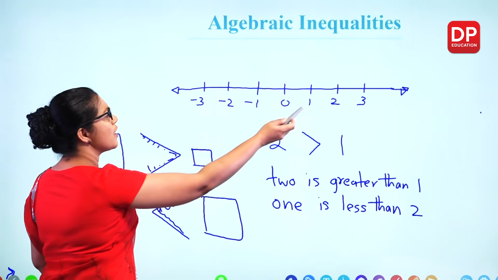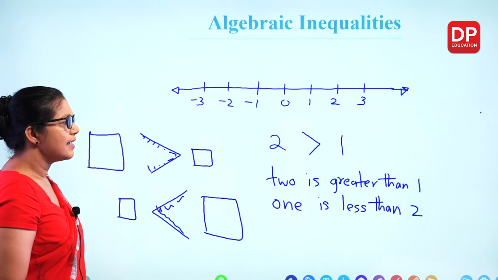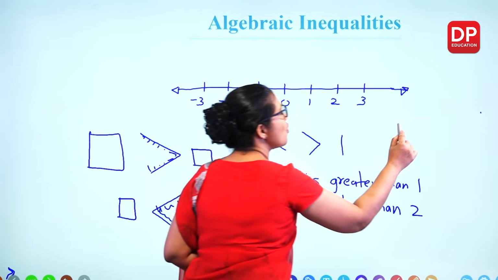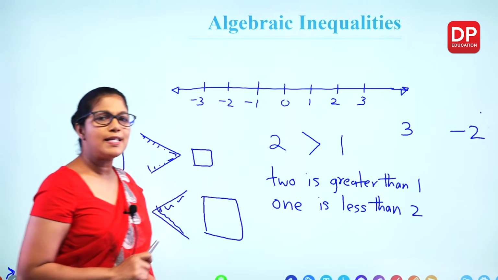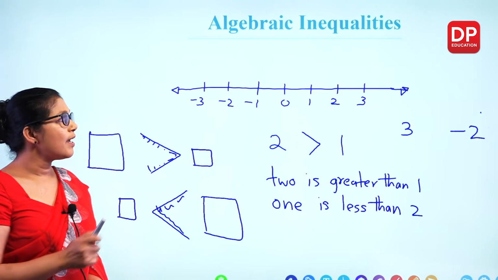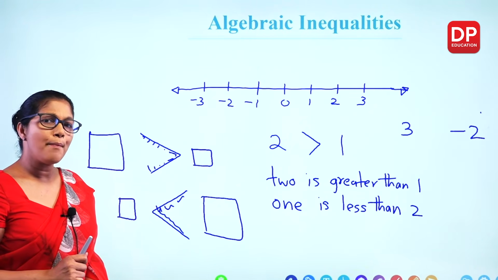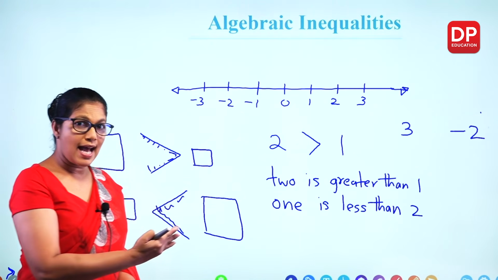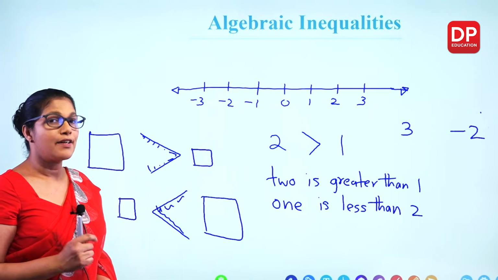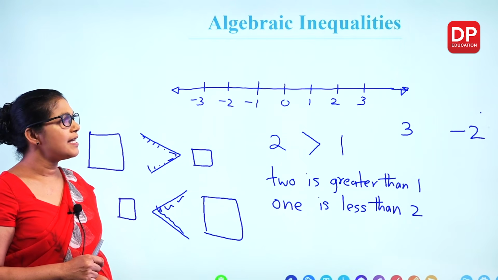So now we'll take another two numbers. I want to check 3 and minus 2. Which one is bigger? We know when you take any number on the number line, a number to the right side is always greater than the left hand side number.